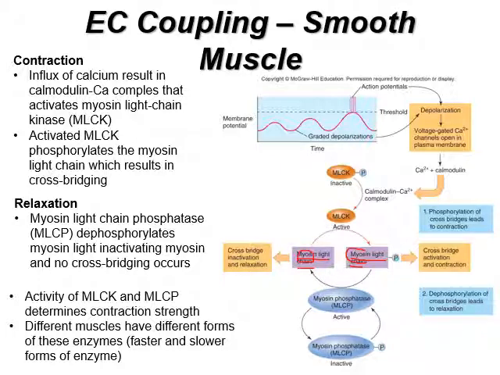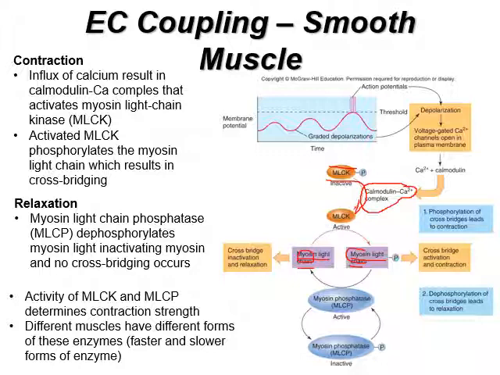And how that is done is, again, we have an action potential. Voltage-gated calcium channels are open, but in this case, the calcium binds to the calmodulin complex, and that causes MLCK to be activated. This is an enzyme, myosin light chain kinase.